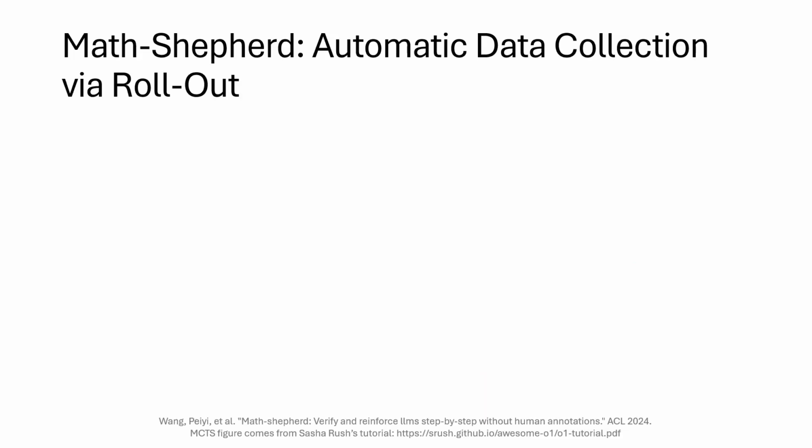The OpenAI approach to collect human annotated fine-grained stepwise judgment is relatively expensive and laborious. You may wonder whether we can utilize some heuristic to do automatic data collection, and this is possible, and this is verified by the work Math-Shepherd published in ACL 2024.